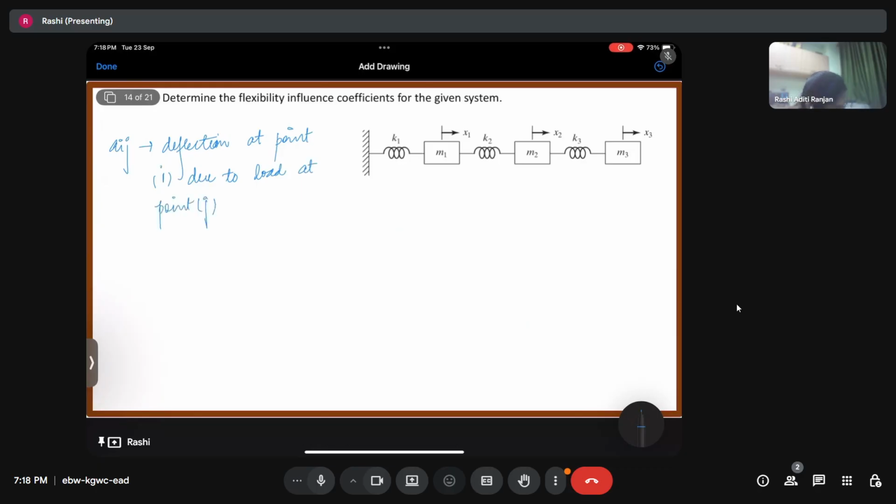If a load of unit amount is applied at point j, what is going to be the deflection at points 1, 2, and 3? That is what we get from the influence coefficient.